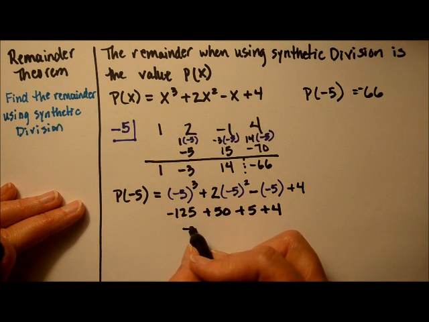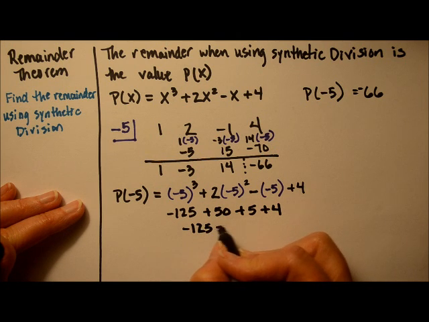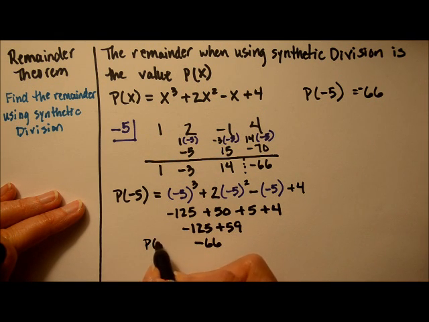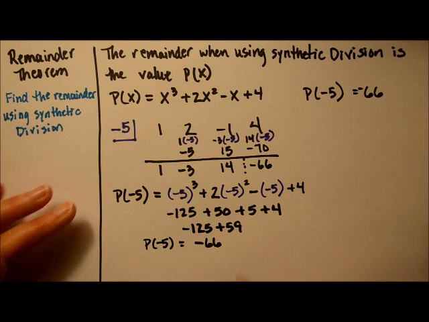So what I really end up with is negative 125 plus 59, and what do you think negative 125 plus 59 is? Oh yeah, you're right, it's negative 66. Okay, so P of negative 5 equals negative 66.